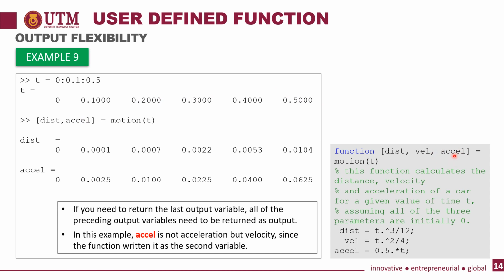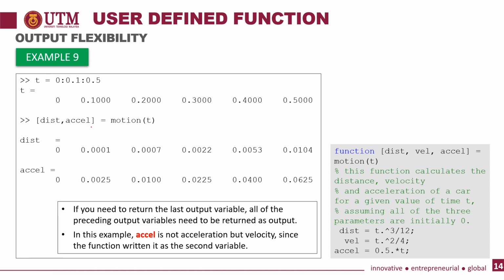No, you cannot assume that. What you must know is that the first variable here refers to distance, and the second variable here refers to velocity. If you want to get the acceleration value, you need to add one more variable here.